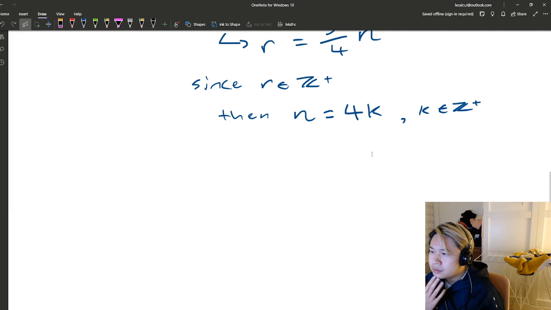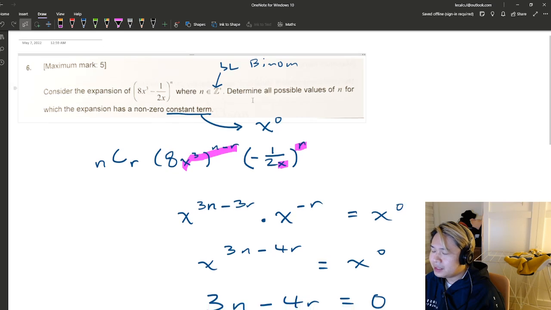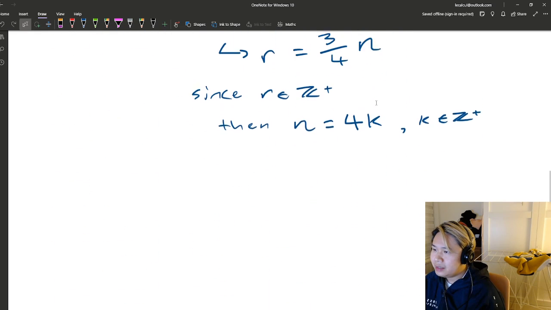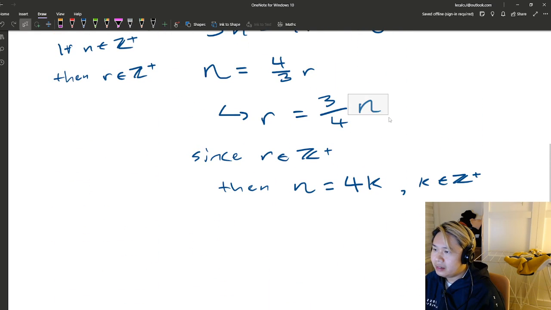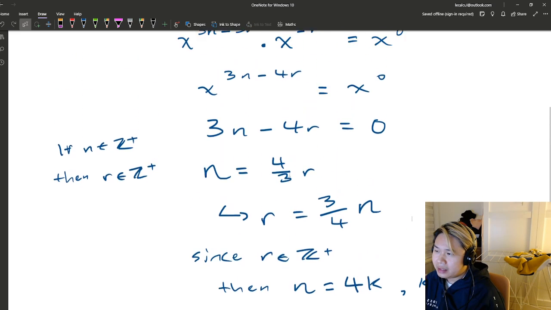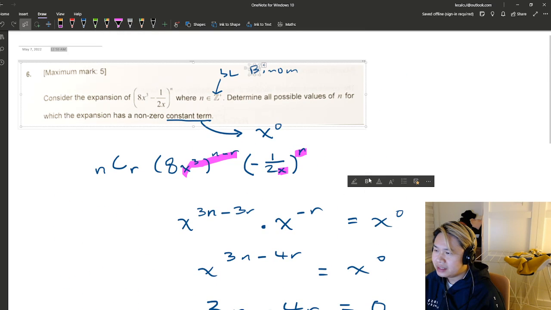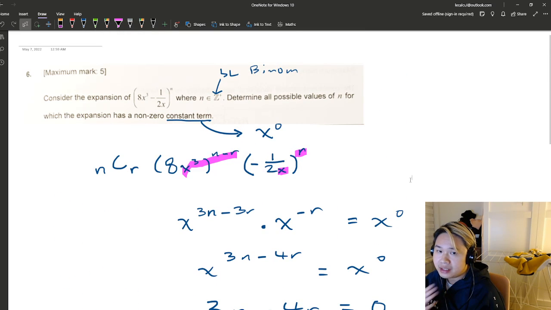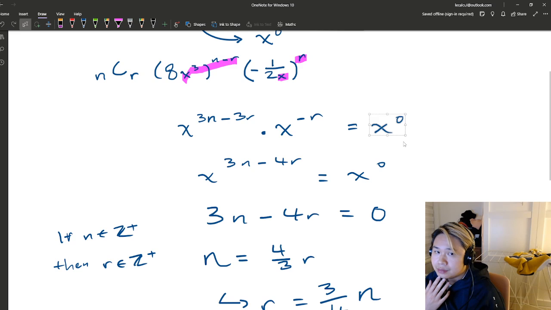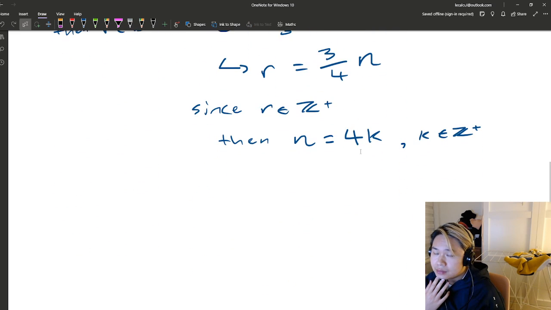Yeah. And then those are all the possible n's that would work, because then that means that r would be a multiple of 3, and that satisfies this equation, which means that this general term has a constant term. So yeah, n has to be a multiple of 4.